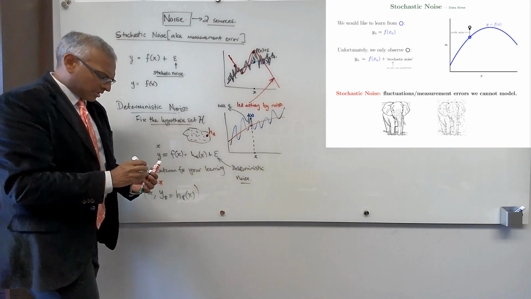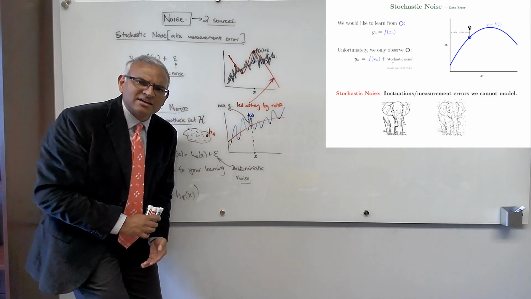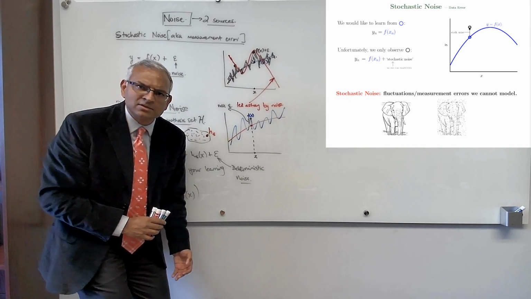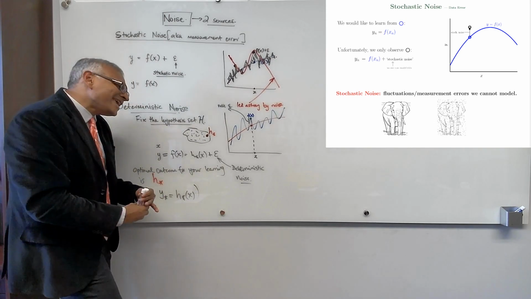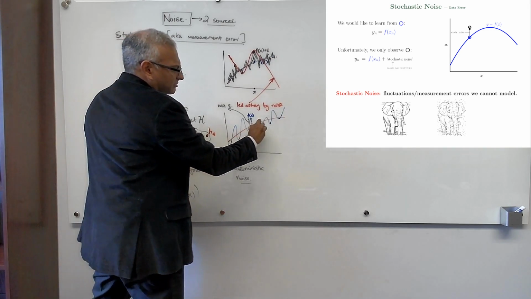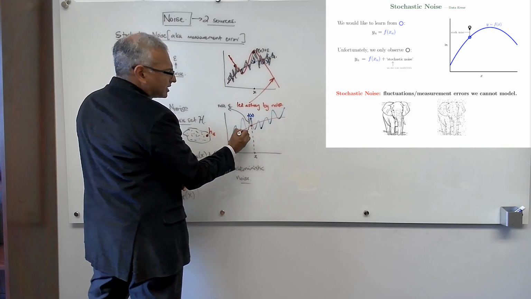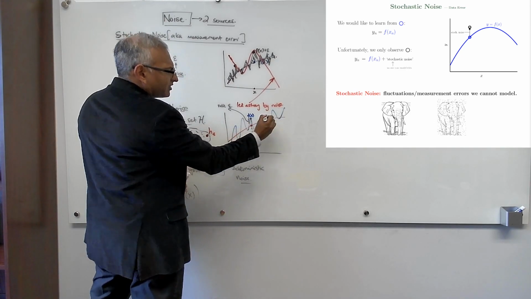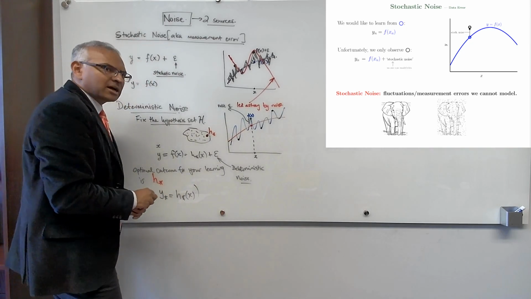Wow. And it has the same effect on learning. Now, why do I say that? Because you would like to output this red curve. But now you see a few data points that involve y, which has a part that you cannot model.